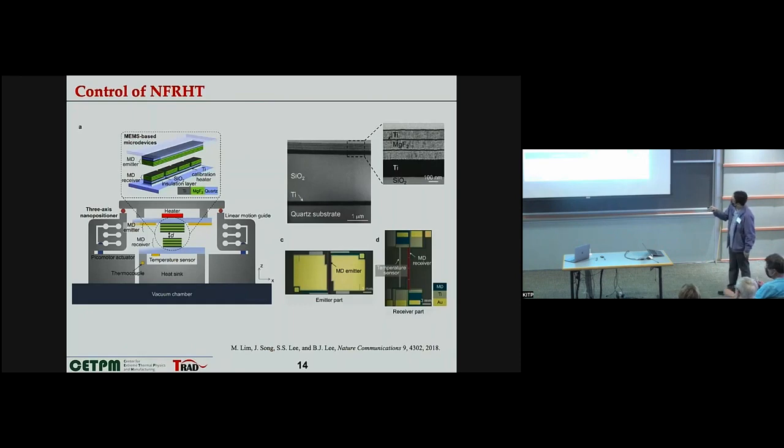We employ a linear motion guide in order to control the gap distance between the two surfaces. To measure the heat transfer rate, we implement two temperature sensors, so that by monitoring the temperature difference between two points, we can estimate how much heat flows through the two points.